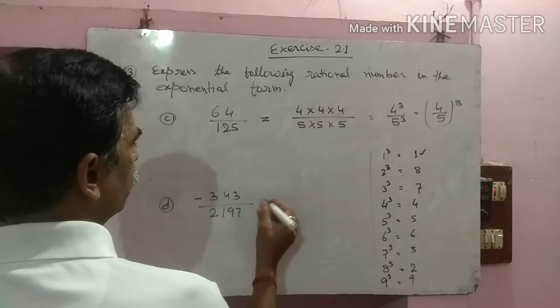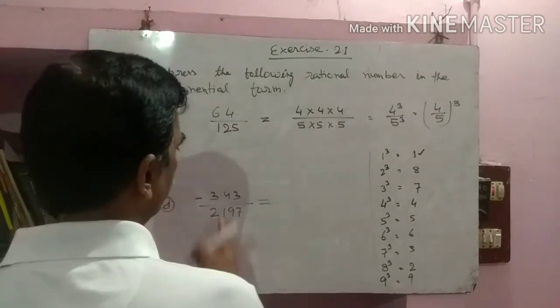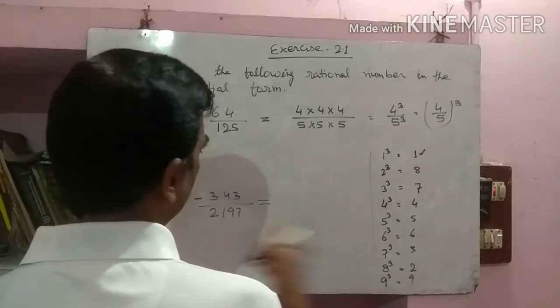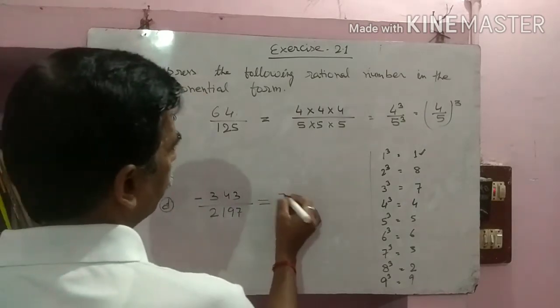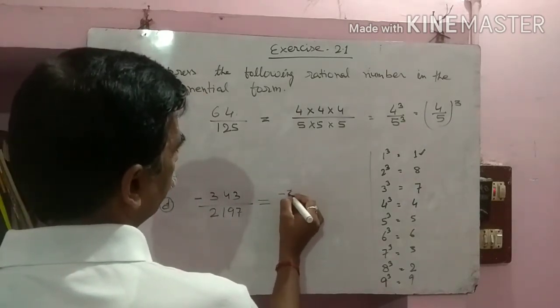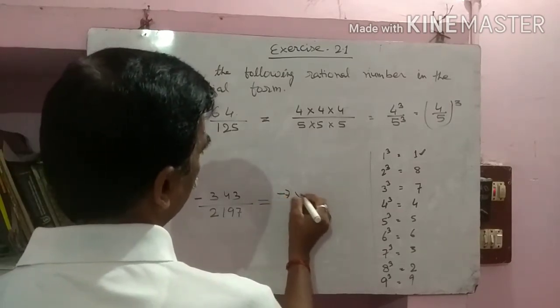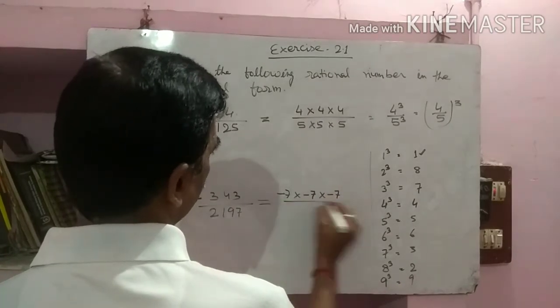So, you can do the multiplication 7 into 7 into 7, you will get 343. So the result will be negative. So the number should be in the term of odd number. So this is minus 7 into minus 7 into minus 7.